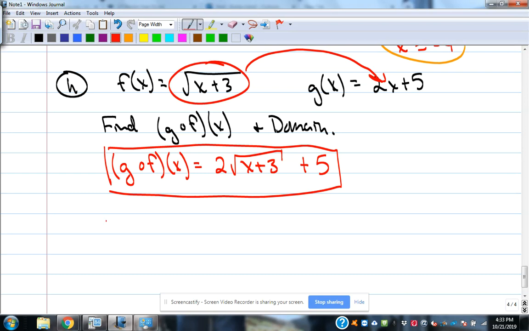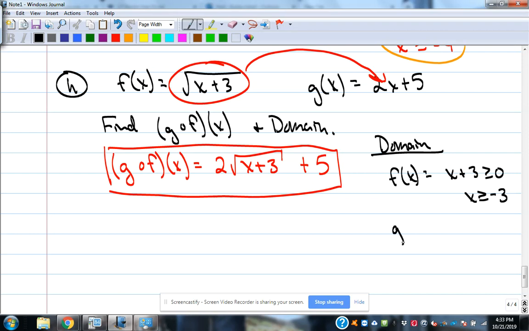Okay, when we look at our domains, again, we're going to start with the second one listed in the function composition statement. So the domain of f of x, we know x plus 3 has got to be greater than or equal to 0, and x has got to be greater than or equal to negative 3.